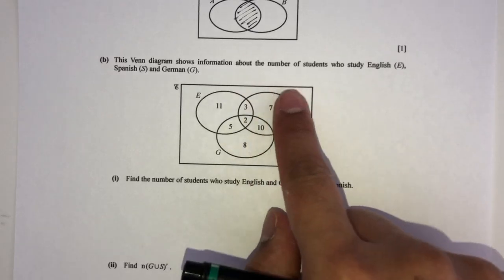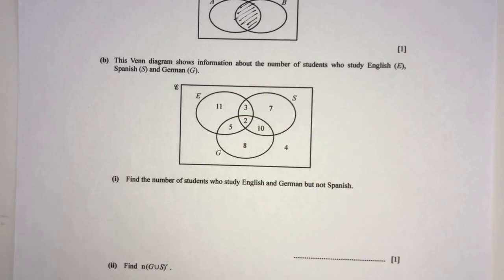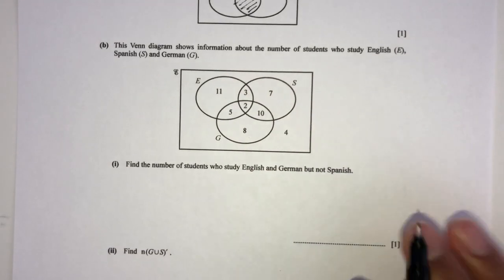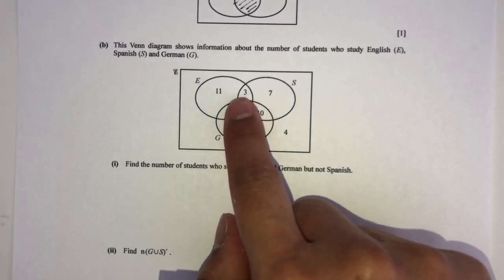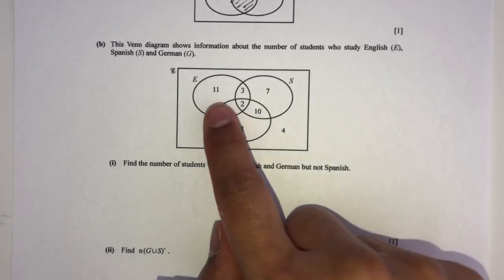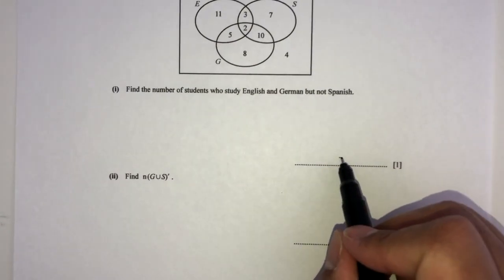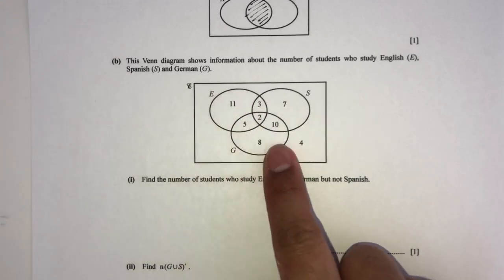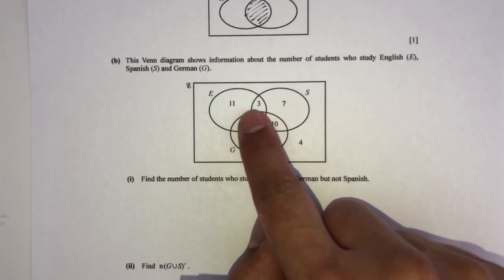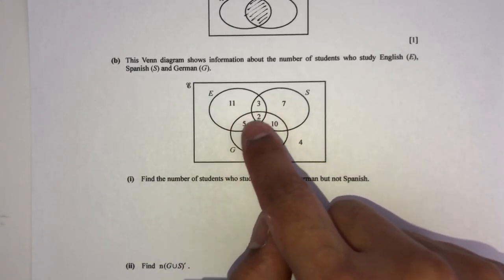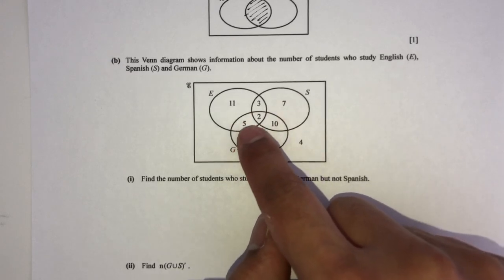So everything outside of this one. Okay, so both languages have to be in the middle, but not Spanish, only 5. If that makes sense. So English and German will be this one right here, but not Spanish, so we don't include this, we can only have this one.